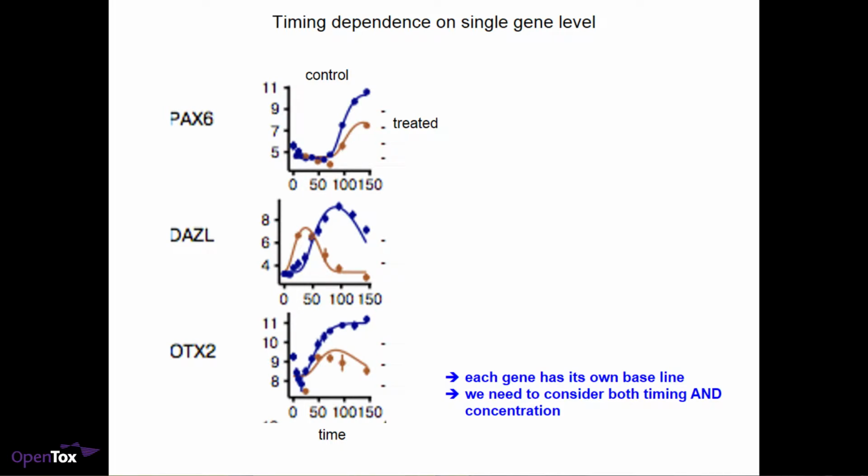So that means also that each gene has its own baseline, and based on this baseline and on the time point that you treat or analyze, this has a big influence on the outcome. So if you look at the DAZL gene, if you would take only this time point here, you would not see a difference.